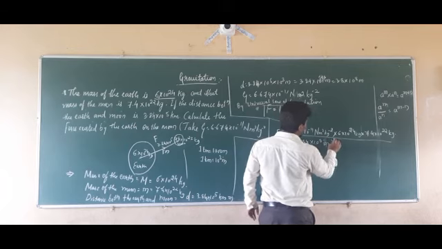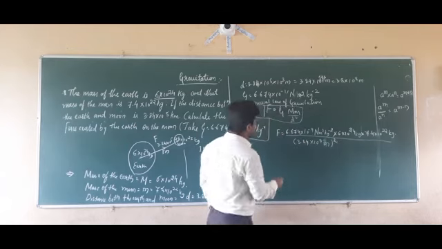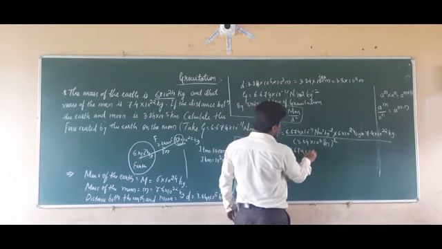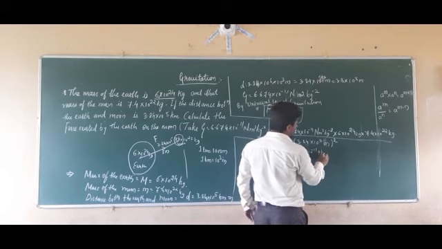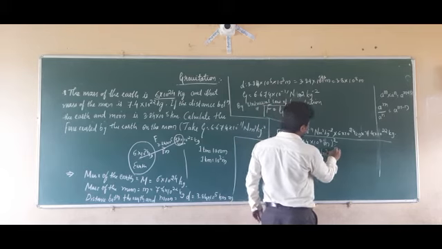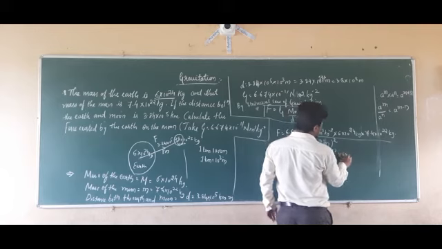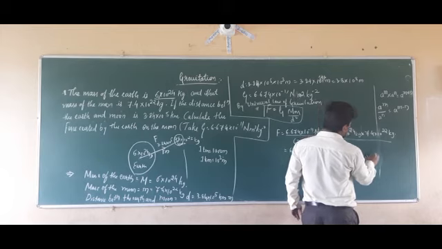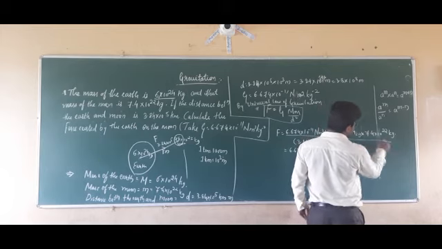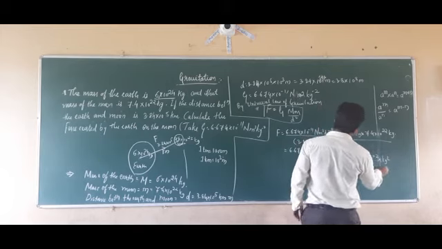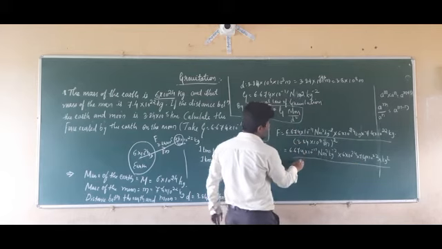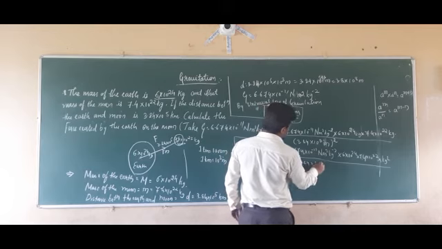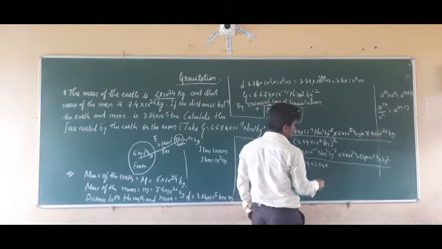Right, it can be given as 6.674 into 10 raised to minus 11 Newton meter square per kg square into 6 into 10 raised to 24 into 7.4 into 10 raised to 22 kg, it will become kg square, whole divided by 3.84 square. It will become 3.84 into 3.84 into 10 raised to 8 square, equal to how much?